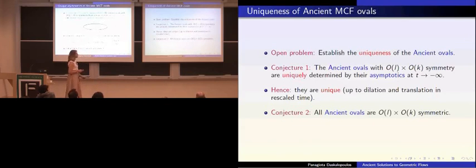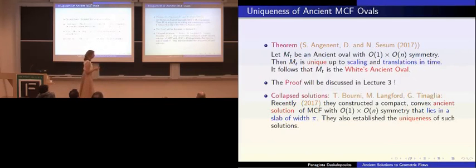I will also talk more about the question of uniqueness of ancient ovals. There are two questions here, and of course they are related. If you want to show the uniqueness, you need to show the rotational symmetry, and you need to classify all rotationally symmetric ones.